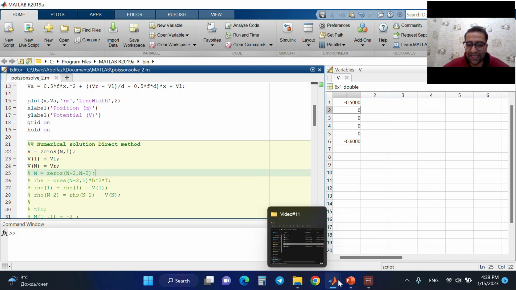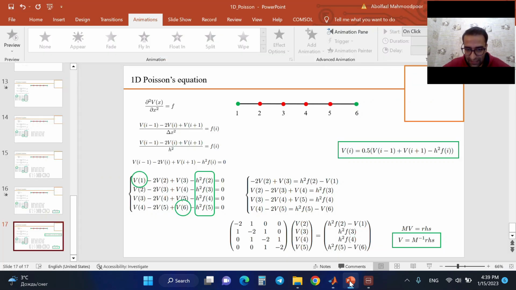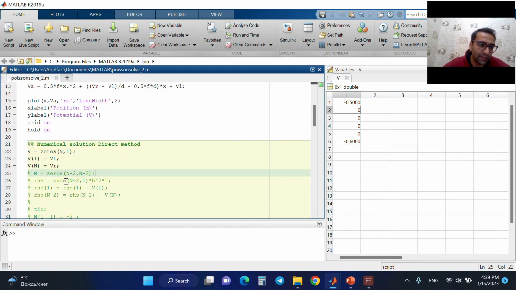First of all, we see that when the number of grids is 6, the matrix is 4 by 4. Just count 1, 2, 3, 4, 1, 2, 3, 4. Therefore we define zeros of n minus 2, n minus 2. When we have 6 grid points, the matrix should be 4 by 4. When we have 10, 8 by 8. Just n minus 2 by n minus 2.